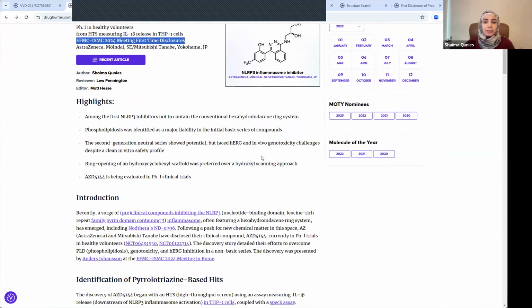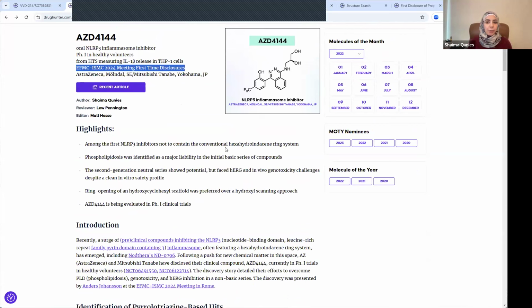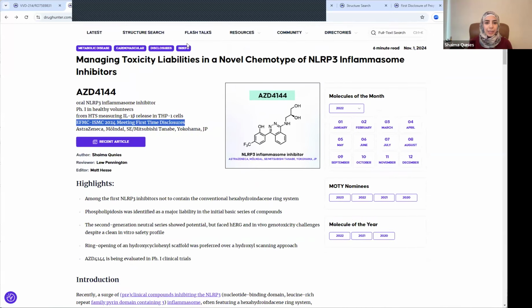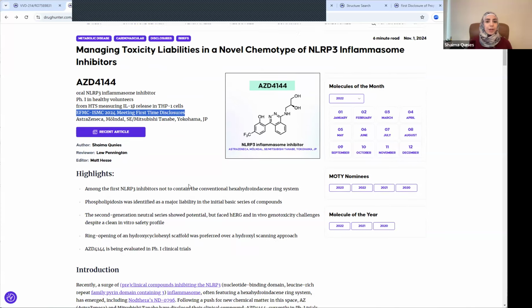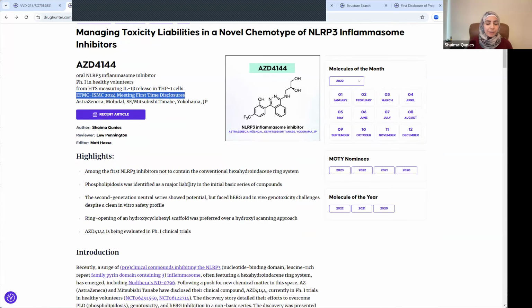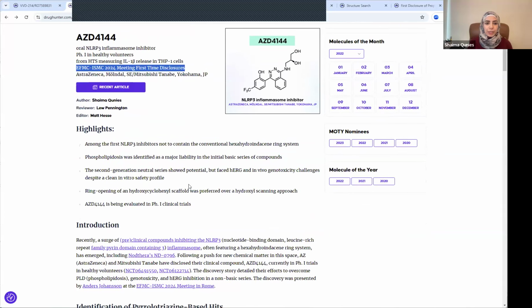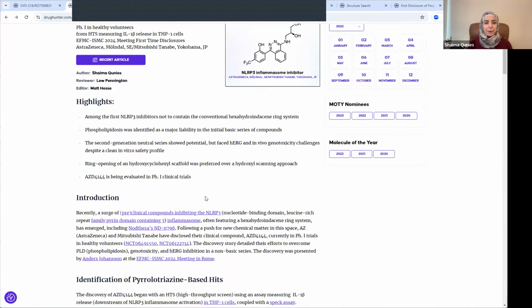The structure of the first-time disclosure article is not very different from what Lou has just presented in a case study, but sometimes we do briefs when we already cover that target and we have already covered the competitive landscape and the process of target validation and why it's important. This is why AZD4144 is in a brief format.